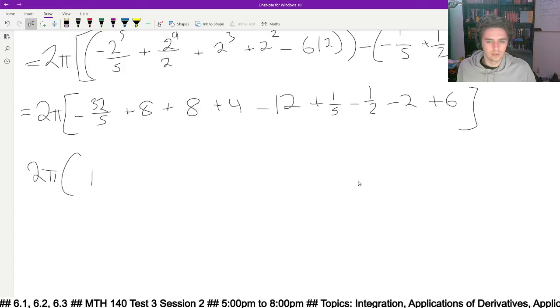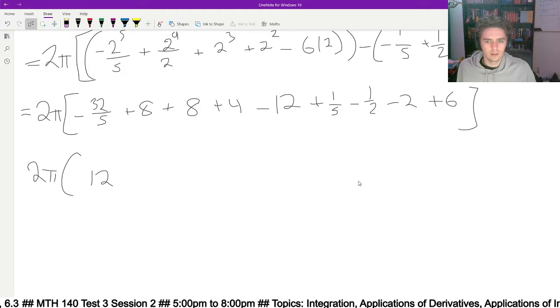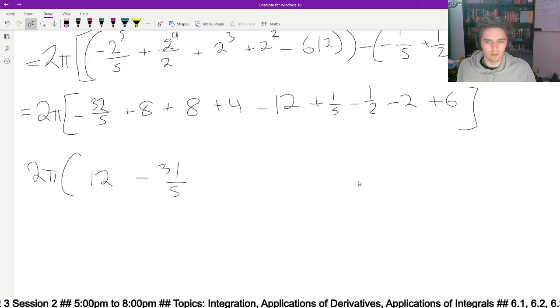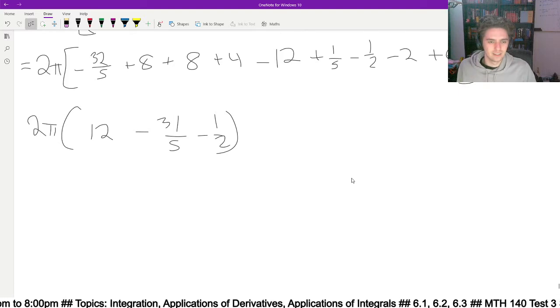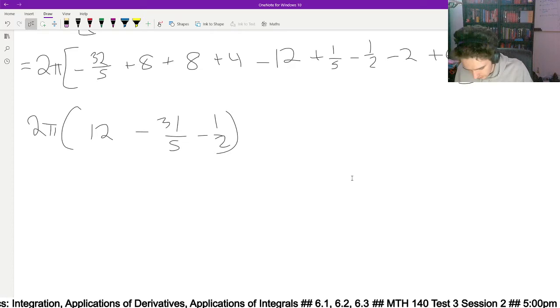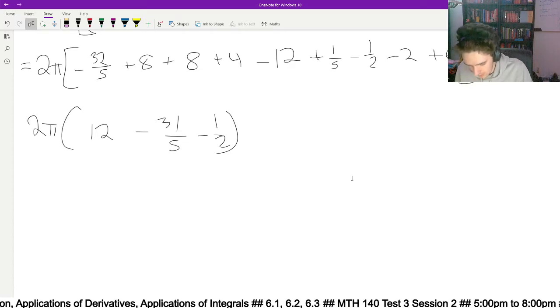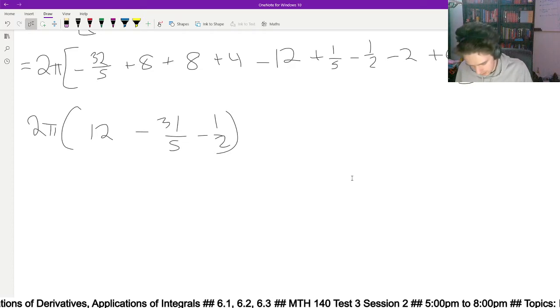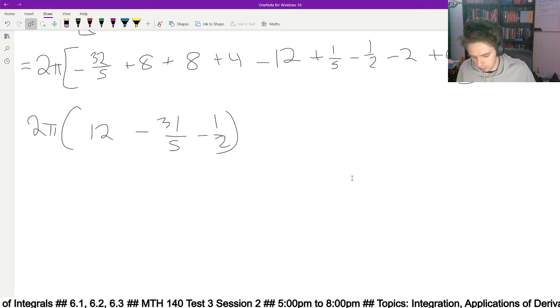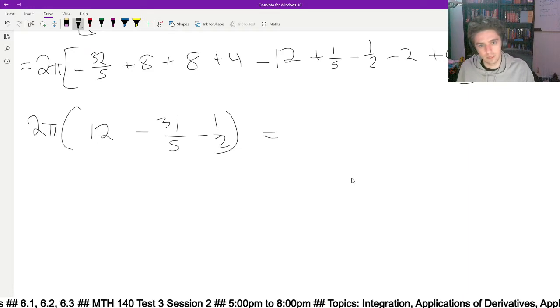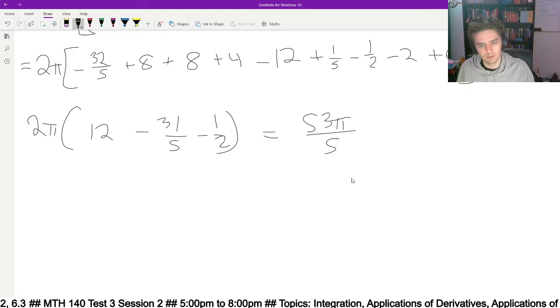So it's 12 plus a fifth, so minus 31 fifths, minus a half. Hope we did that right. Okay, so I'll just say 2 pi times 12 minus 31 over 5 minus a half. So 53 pi over 5. That's the right answer. 53 pi over 5.